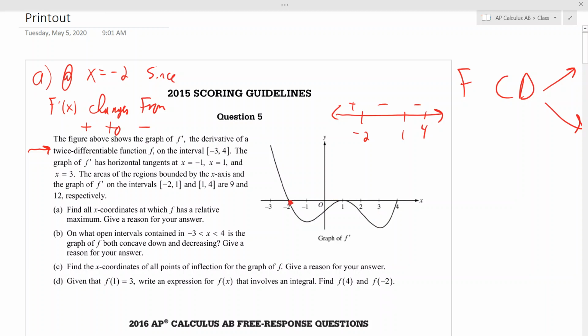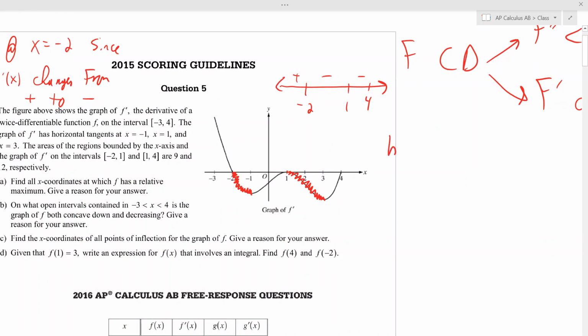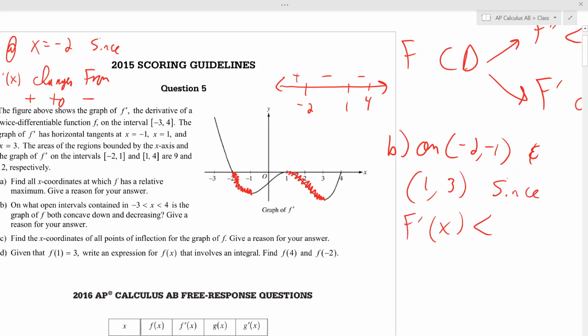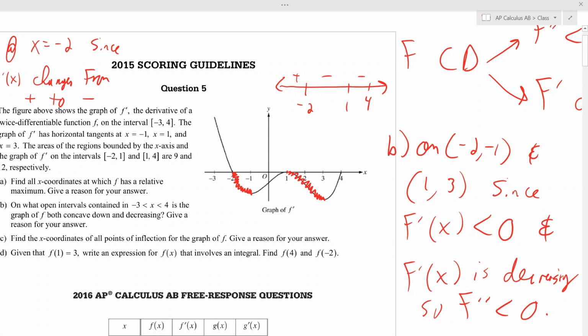So that's going to be here, -2 to -1, and then 1 to 3. And it says give a reason for your answer. That's what you're going to write. So on -2 to -1 and 1 to 3, since f prime is negative and f prime is decreasing, so f double prime is negative. Okay?